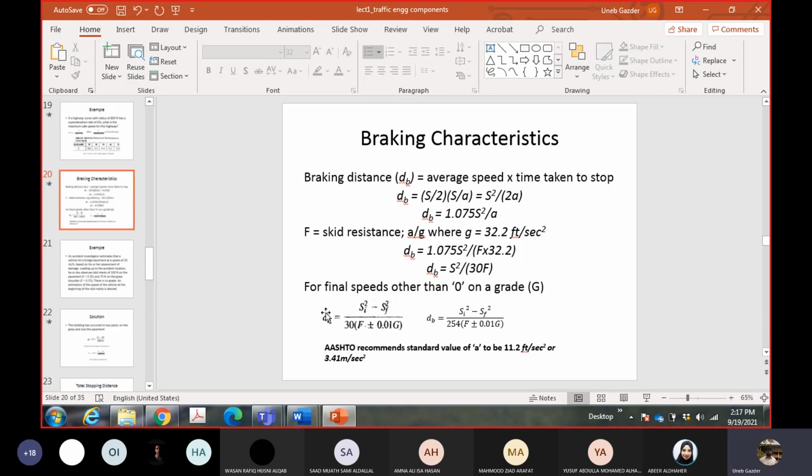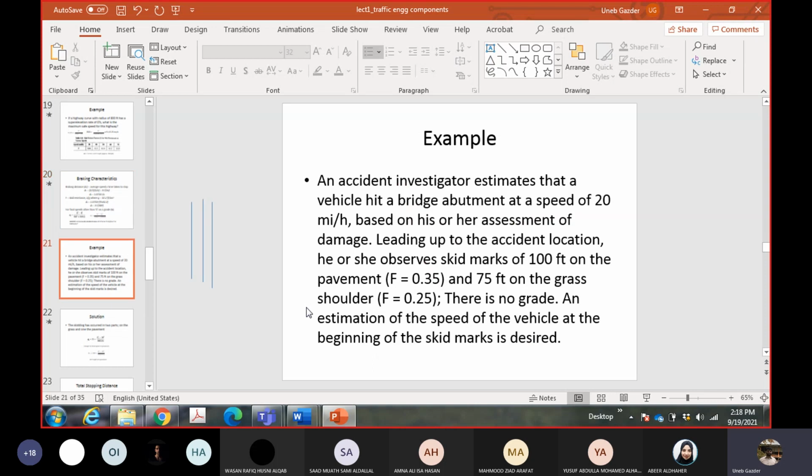Okay. Now, what about dB? We are trying to find out the initial speed, right? What should I put as dB? Coming back to the question, there are two distances given, right? 100 feet and 75 feet. Should I add them together, 175 feet?